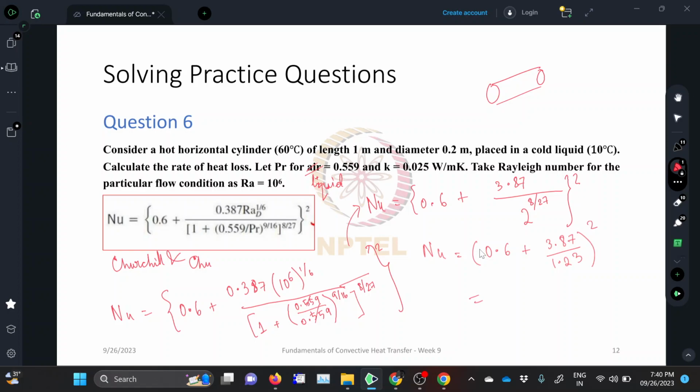So 3.87 divided by 1.23 is 3.146, and if we add 0.6 to it, this becomes 3.746.